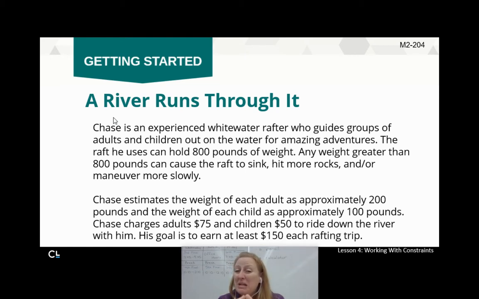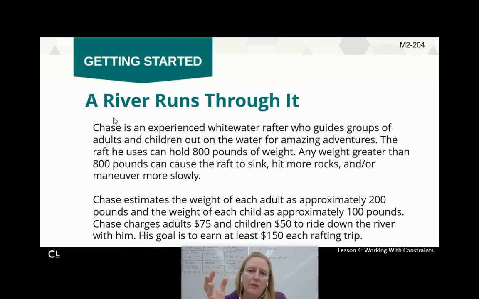Any weight greater than 800 pounds can cause the raft to sink, hit more rocks, maybe maneuver more slowly. It just makes things way more difficult. So Chase estimates the weight of each adult as approximately 200 pounds and the weight of each child as approximately 100 pounds.